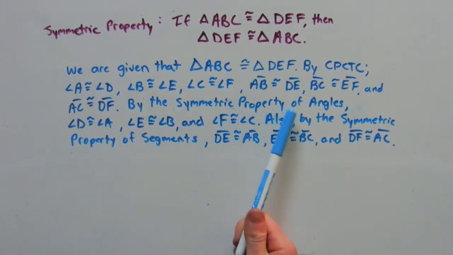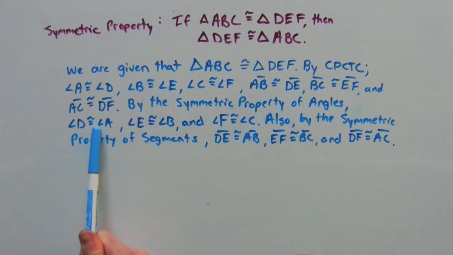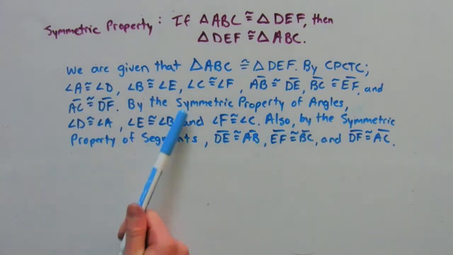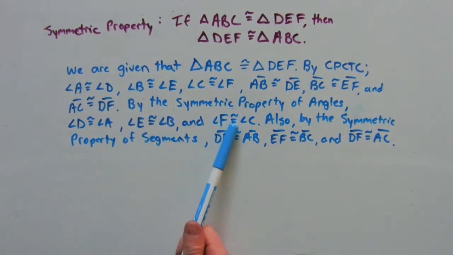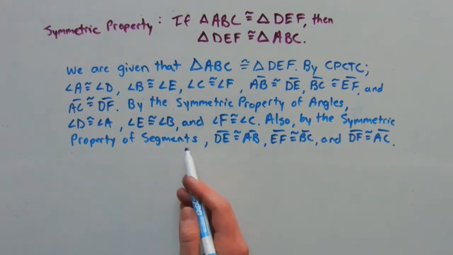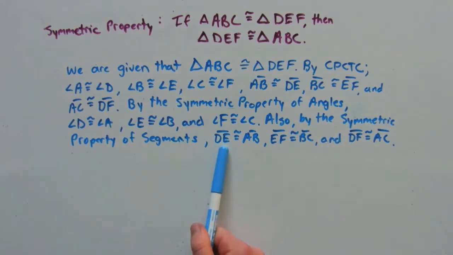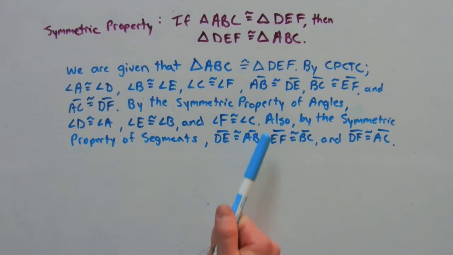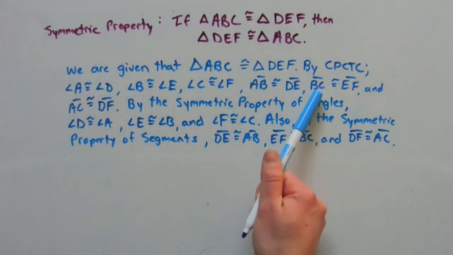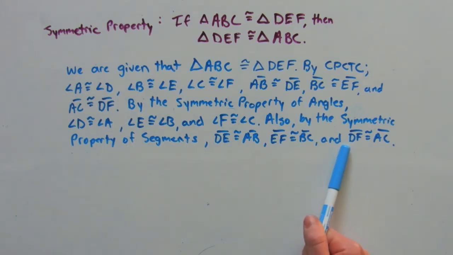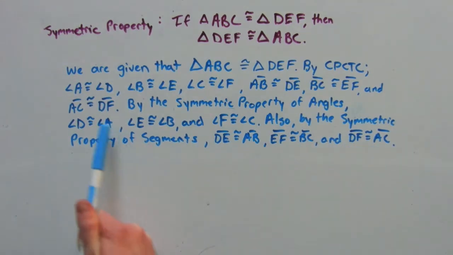So by the symmetric property of angles, angle D is congruent to angle A, angle E is congruent to angle B, angle F is congruent to angle C. Also, by the symmetric property of segments, segment DE is congruent to segment AB, segment EF is congruent to segment BC, and segment DF is congruent to segment AC.